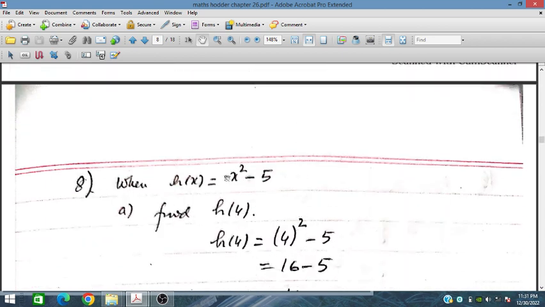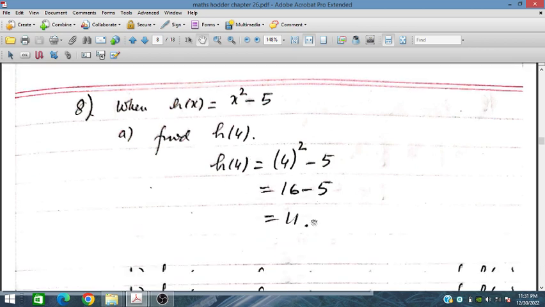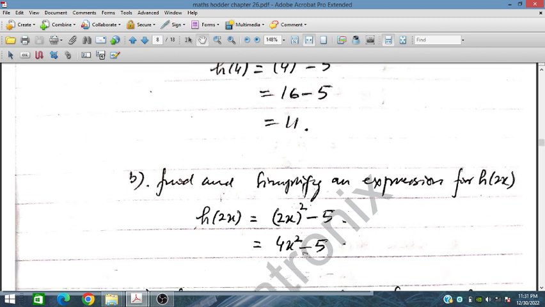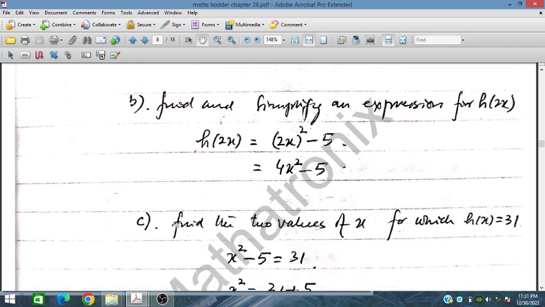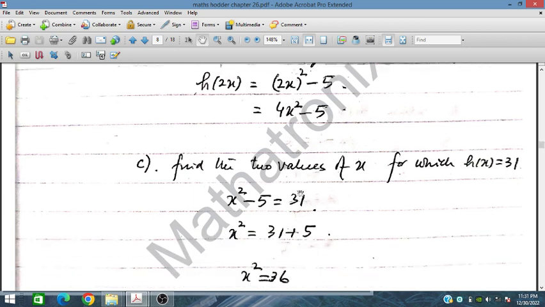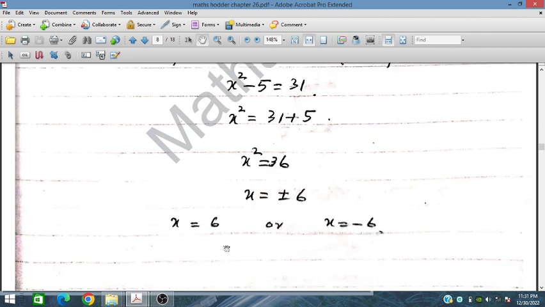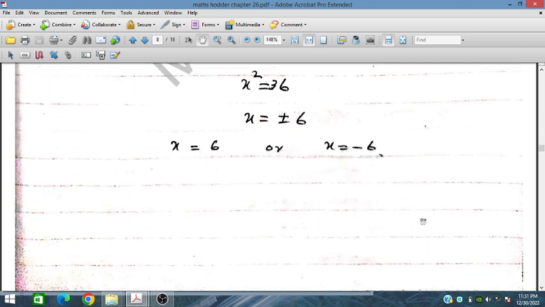When h(x) is equal to x squared minus 5, find h(4), and find and simplify the expression h(2x). In place of x we will write 2x, and this is 4x squared minus 5. Find the two values of x for which h(x) is equal to 31. So h(x) is equal to 31, so we shift it to the right, and this becomes 36. x squared is equal to this, so x is equal to plus or minus 6. So x is equal to 6 or x is equal to minus 6.